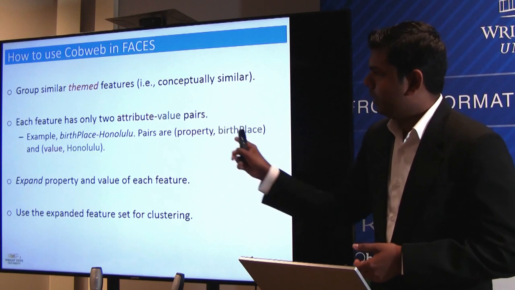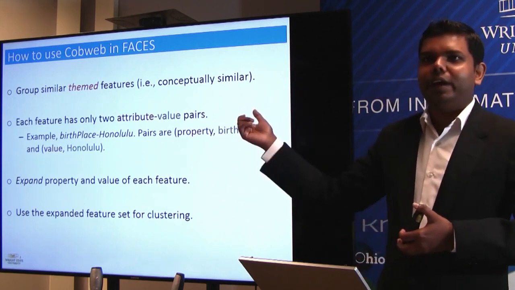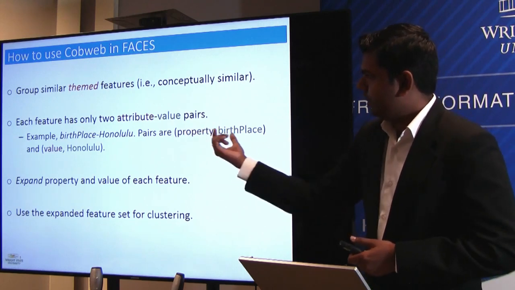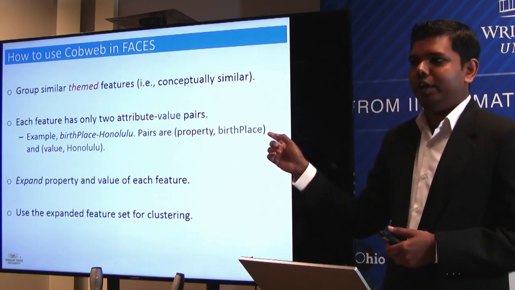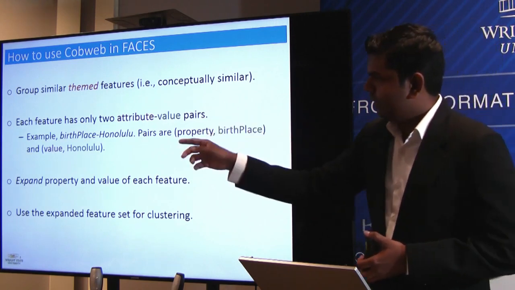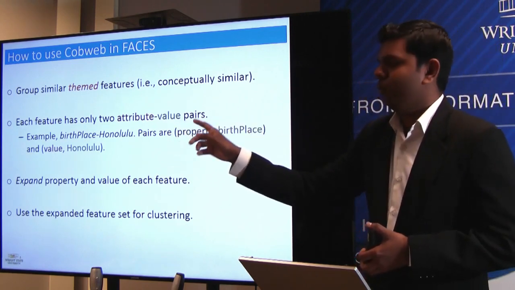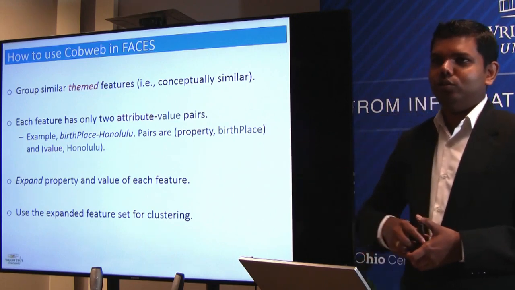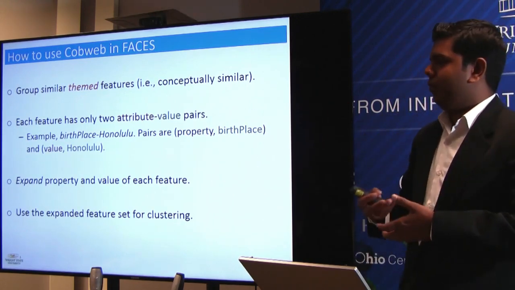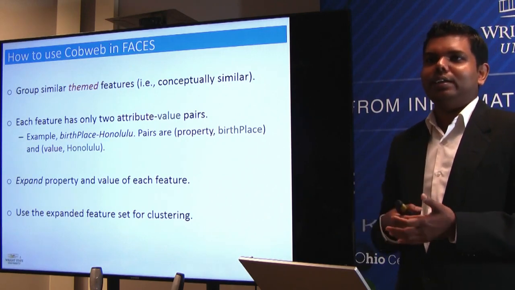Here, birthplace Honolulu reflects a fact from Barack Obama. The different colors show the attribute and value: the property birthplace is the attribute, and the value is Honolulu. So we have only two attribute value pairs, which won't give us the semantic relatedness in our grouping.